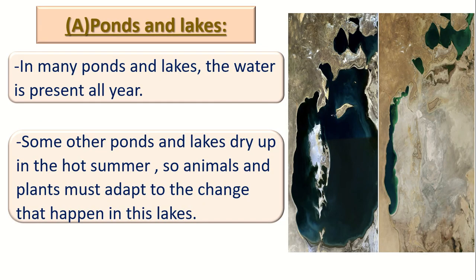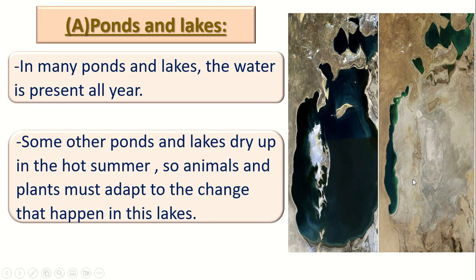Many ponds and lakes have water present all year, and some of these ponds and lakes can dry up only in the hot summer. Look at this picture. It was a lake right here, and in the hot summer, what happened to this lake? It dried up. All the water evaporated.